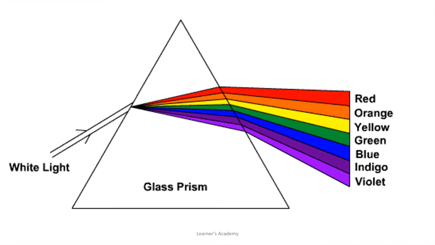See, white light is hitting the glass prism, and in this process it is getting segregated into different components of color. The process of separation of light into its component colors while passing through a medium is called dispersion of light. This band of colored components of a light is called spectrum.